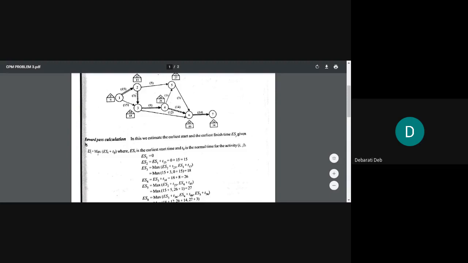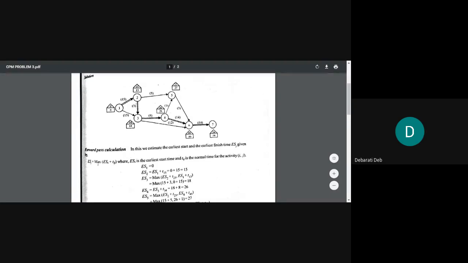For backward pass, the tail of only one activity is there in 5, isn't it? So only one activity. If you find difficulty in writing the notations, no need to write the notations, okay? Simply show the diagram and show the numbers within the houses and above the terrace.